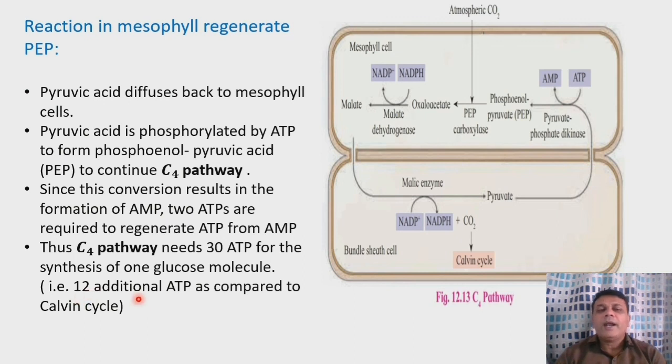That means 12 additional ATP molecules are required in C4 pathway as compared to Calvin cycle. So here we have seen the topic, that is C4 pathway, and C4 pathway is also called as Hatch-Slack pathway, and it is found in tropical as well as subtropical plants like grasses, as well as C4 pathway occurs in some dicotyledonous plants.